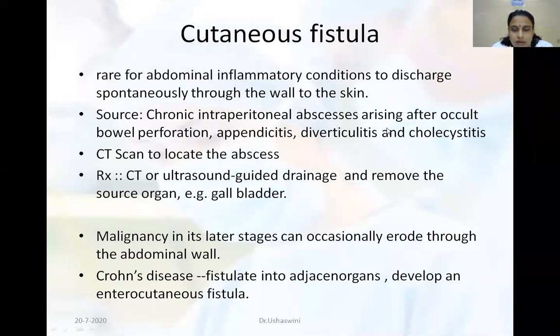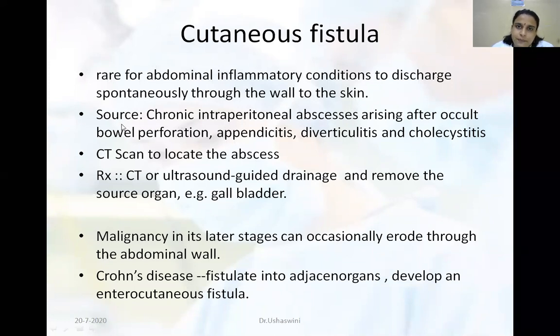So when you have a bowel perforation, a small hole in the bowel, more commonly seen in the small bowel, or an appendicitis, or diverticulitis, that is the inflammation of a diverticulum if present, or cholecystitis. These forms of chronic inflammation in the intra-abdominal cavity, when they form an abscess, this abscess always seeks to penetrate into layers and come out. So this kind of pathology can cause a fistula onto the anterior abdominal wall.